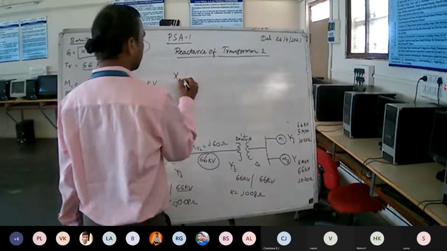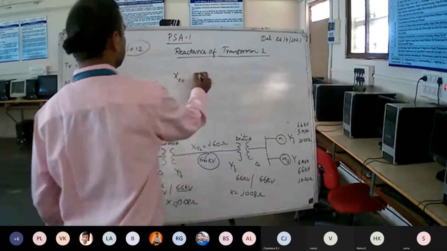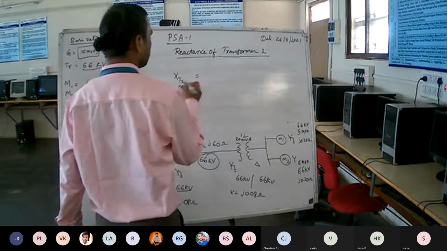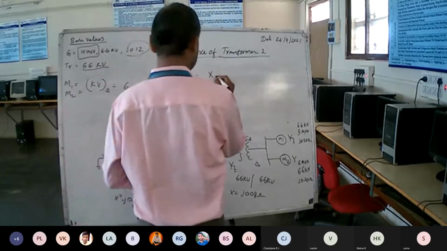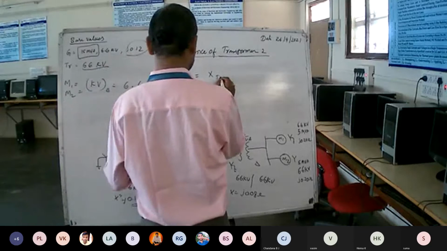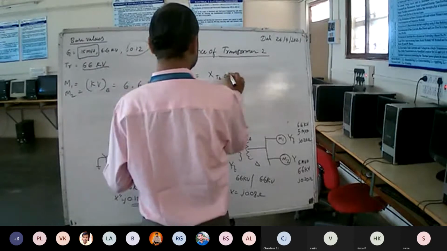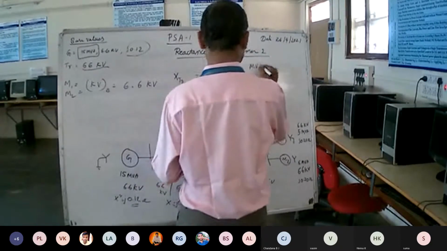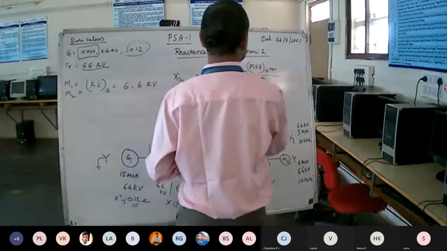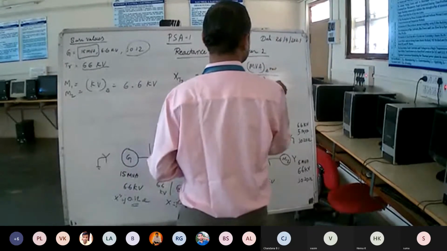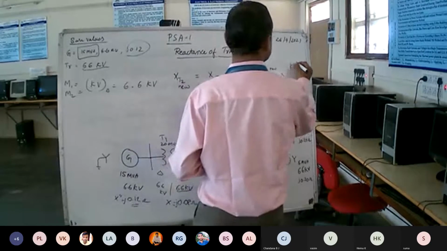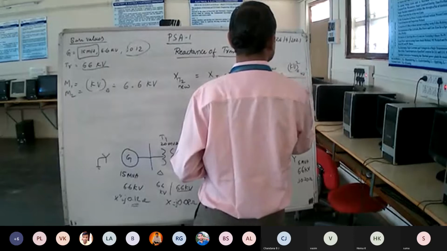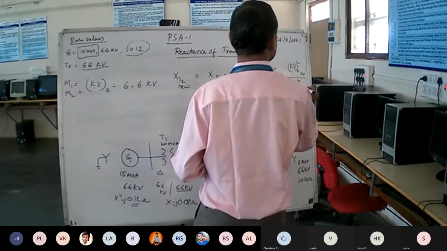Again, X per unit, or XT2 new, is equal to X old times MVA base new by MVA base old, times kV square base old by kV square base new.